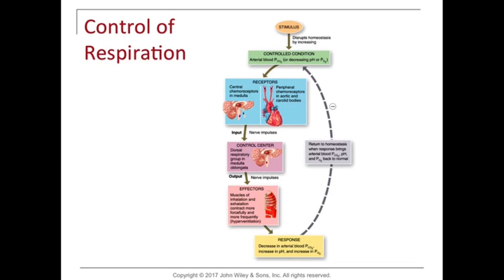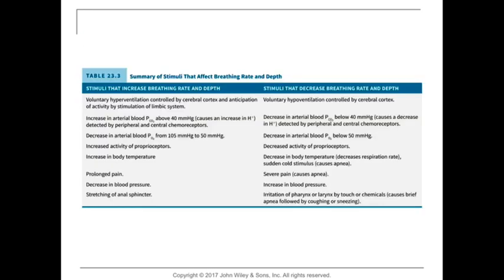Okay, so this information was already reviewed by that little video there. Again, these are different types of stimuli that affect the breathing rate and depth. Things like increased body temperature, increased pain, decrease in blood pressure, carbon dioxide, oxygen levels all have a major effect on stimuli that can increase the rate and depth.